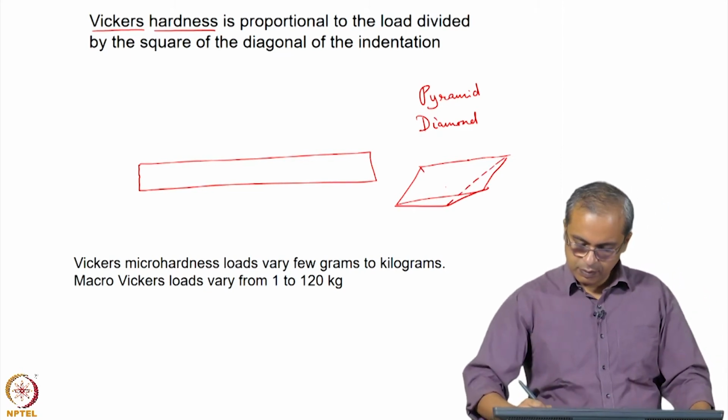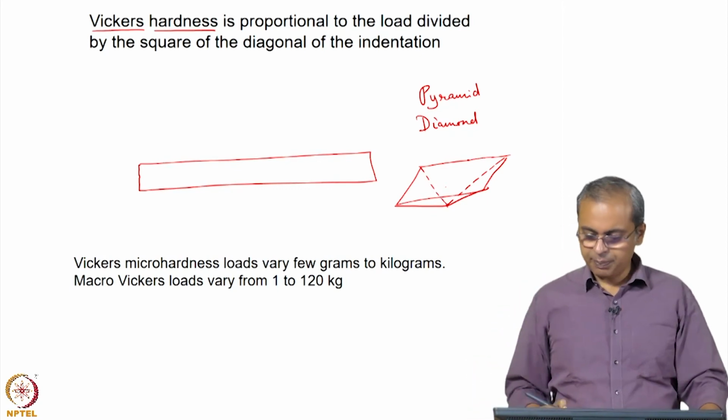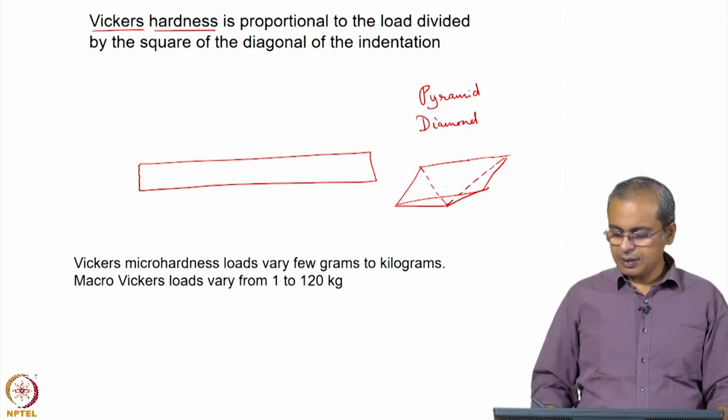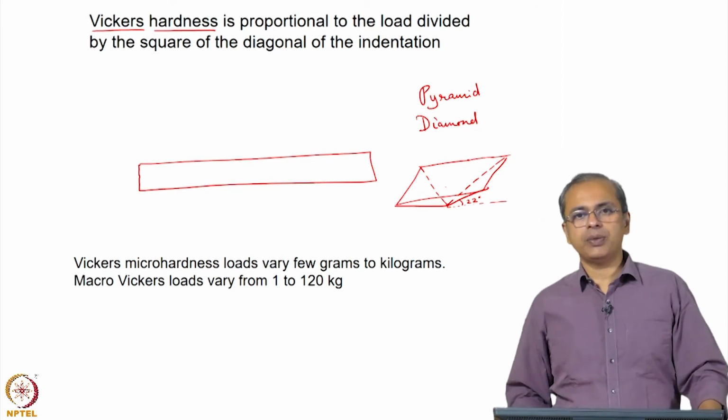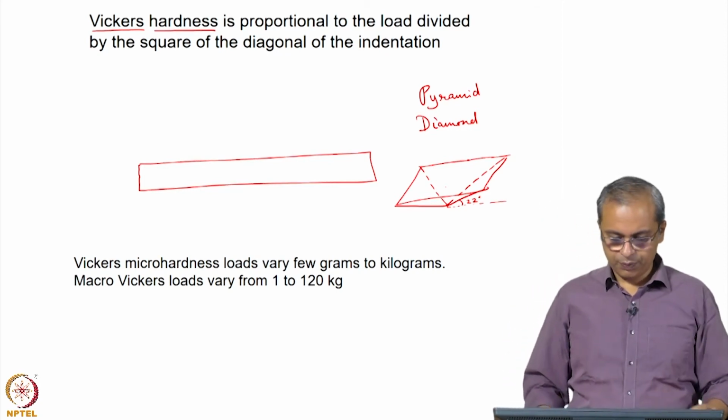So, that is the pyramid, and this pyramidal angle is set such that this is about 22 degrees. So, that is the angle that we have, 22 degrees, and that is the pyramid that you use.